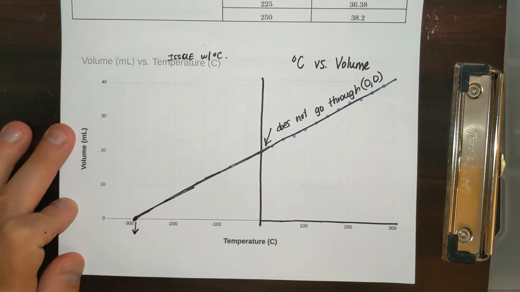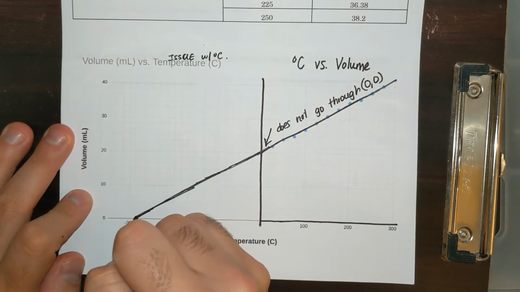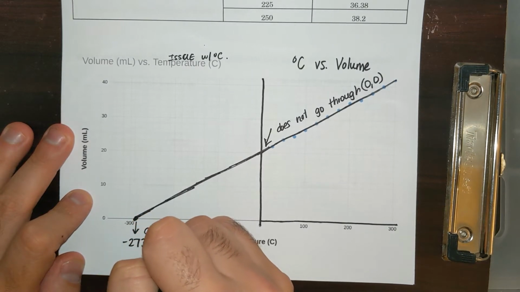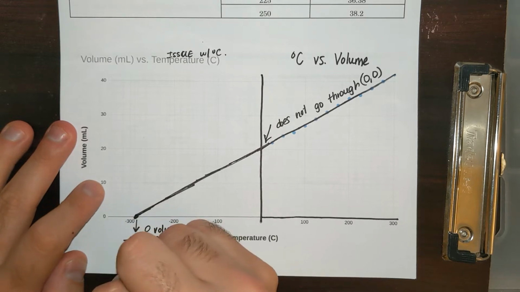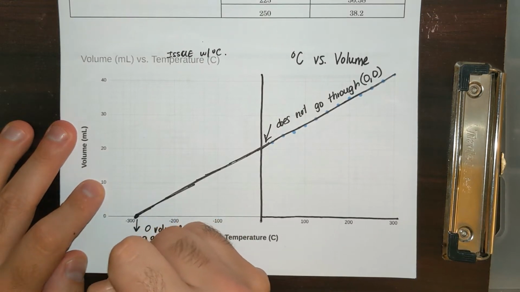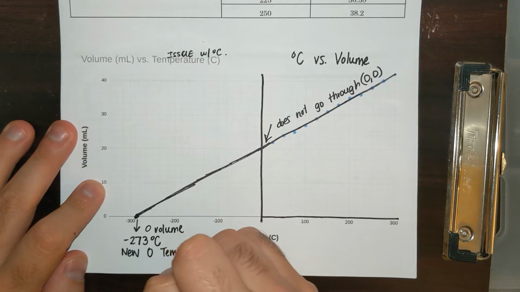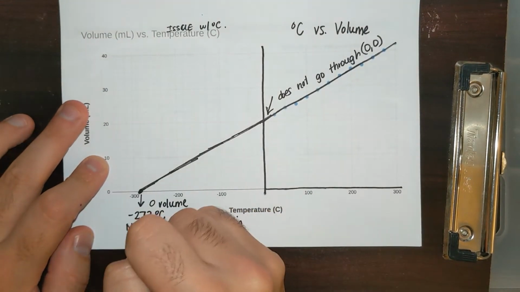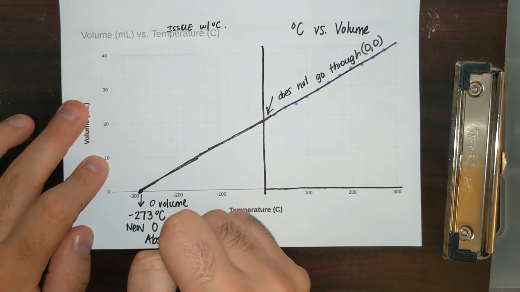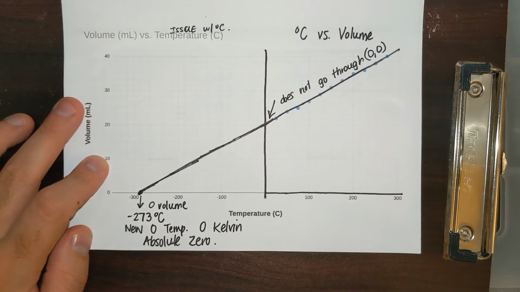This temperature, which has a 0 volume, is approximately negative 273 degrees Celsius. We're going to call this our new 0 temperature, and this is known as 0 Kelvin. We call this absolute 0. At this temperature, there should be no volume.